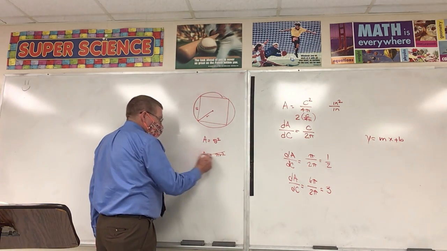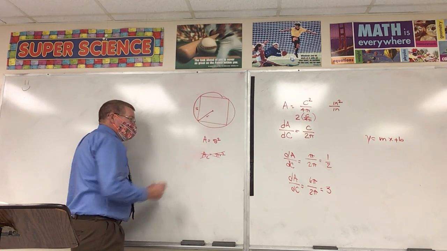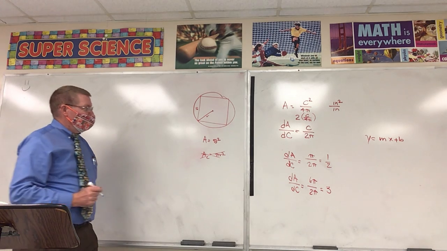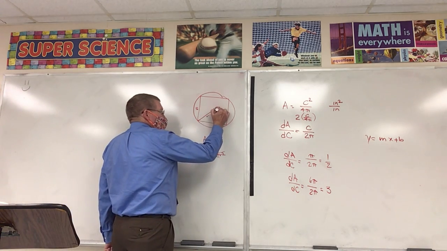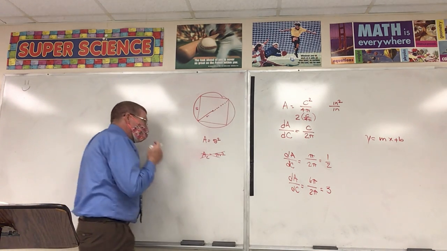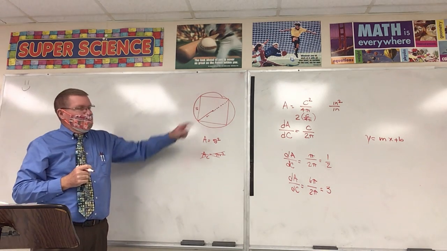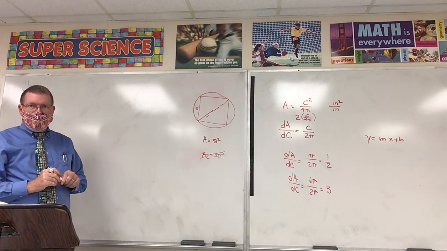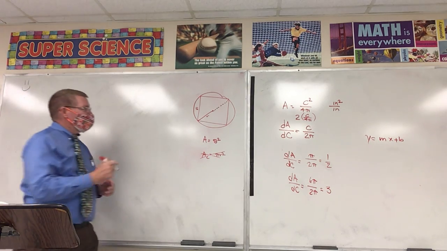The area of the square is s squared. Area of the circle equals pi r squared. We don't need this really. I just need to find a relationship between r and s. If I take this and extend it, what kind of triangle do I have there? Right triangle. It is isosceles as well, because this is s.